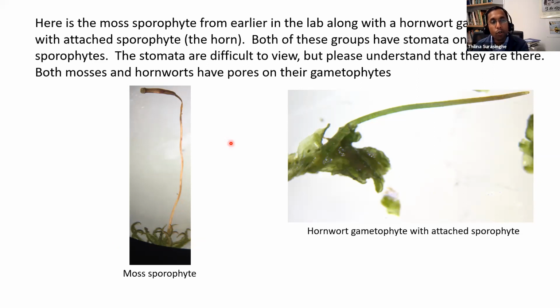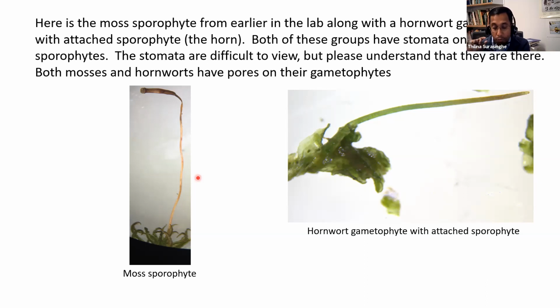Another thing I want to mention is, I told you that when it comes to mosses and hornworts, I did mention that the stomata in hornworts and mosses are only limited to the sporophyte.